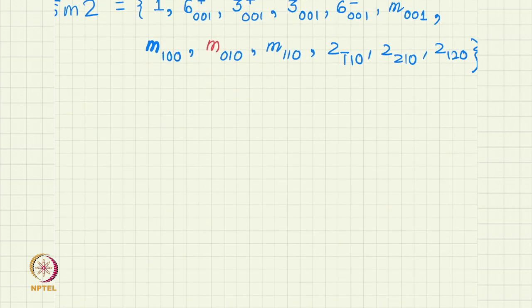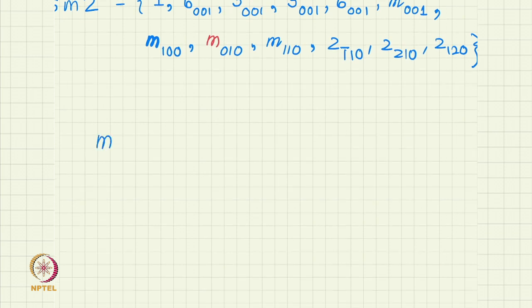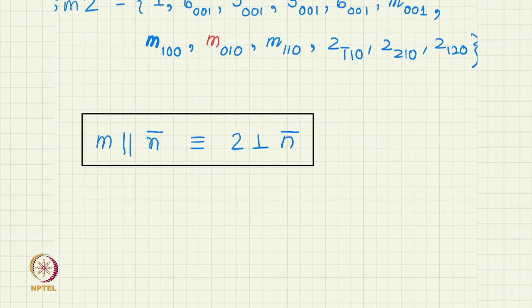So we can write this as a general result: putting a mirror plane parallel to an n bar axis gives you the same group as if you put a 2-fold perpendicular to the n bar axis. With this, let us end this exercise.